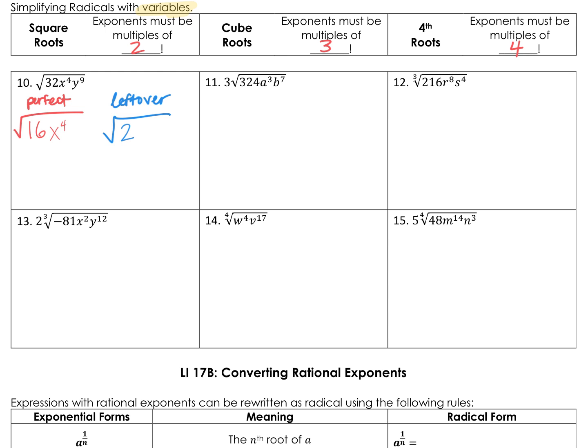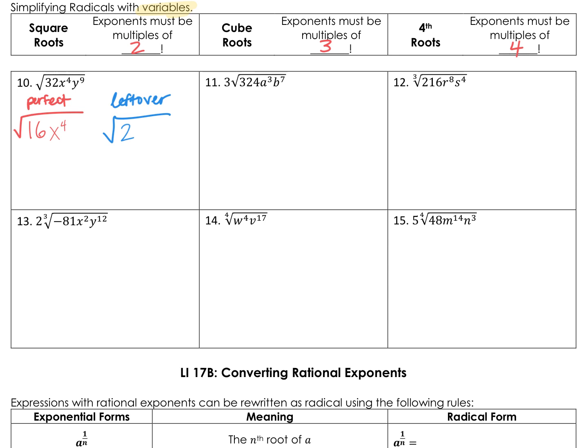Okay, y to the ninth. Looking at the exponent, is 9 divisible by 2? No. So what is the highest multiple that would fit into 9 that is divisible by 2? What's the next closest number? 8.